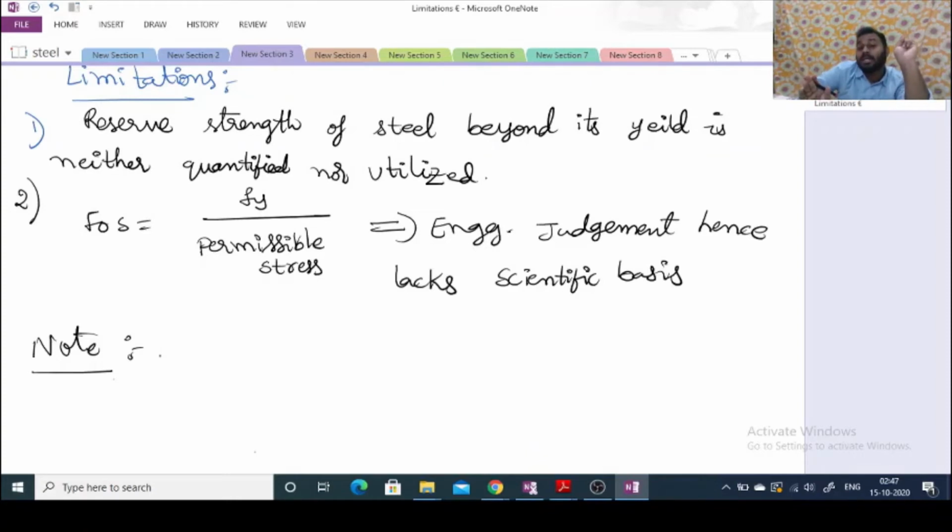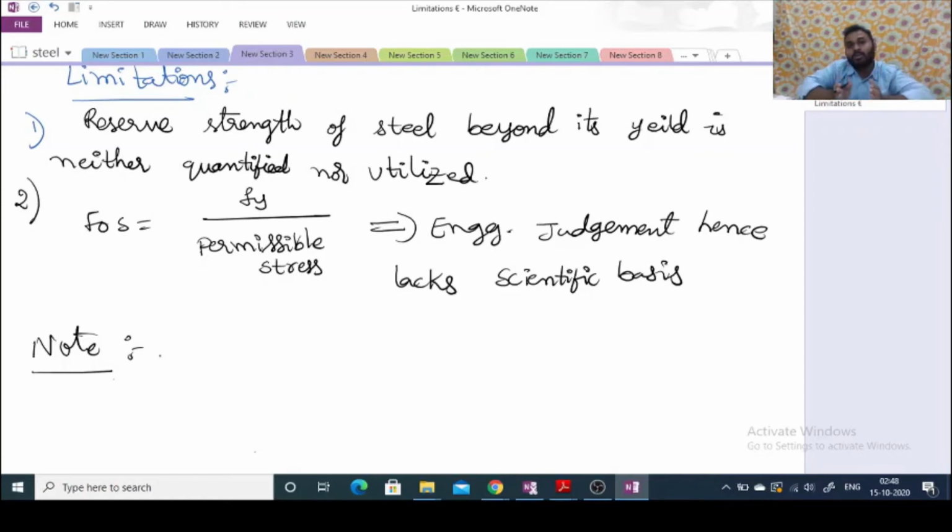It means in design of steel structures, we have to deal with two things. One is structural steel sections and the other is connections. And dealing with connections is more important than steel sections. That is what we already discussed.